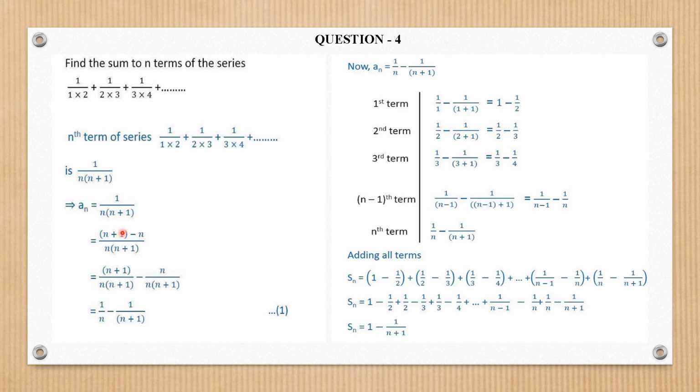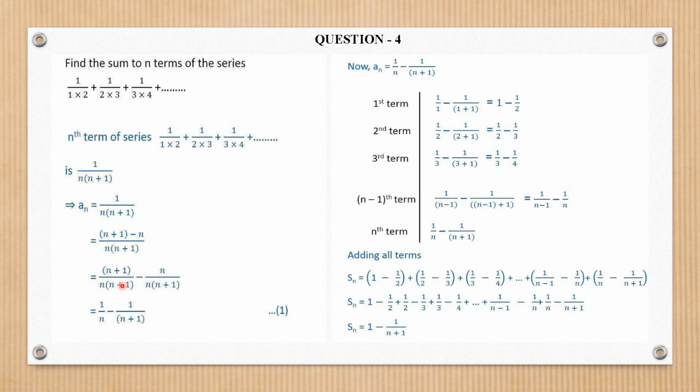So what I will do is I will express this 1 upon product as 2 terms, a difference or sum of 2 terms. So from here, can I write this 1 as n plus 1 minus n? Yes. 1 can be written as n plus 1 minus n. So now separate n plus 1 divided by this complete and minus n upon this.